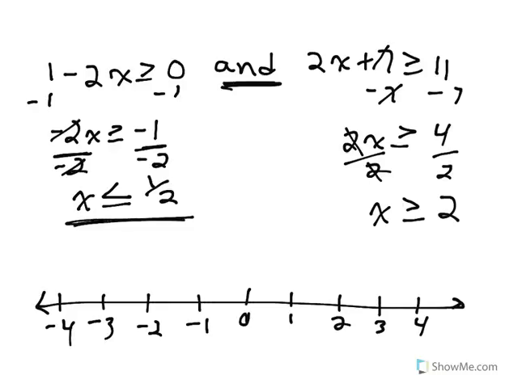So to graph this first one here, I am going to find 1/2, it's about right here, and x is less than or equal to that 1/2, so I'm going to use my bracket and shade this side. And then I'm going to graph my x is greater than or equal to 2.